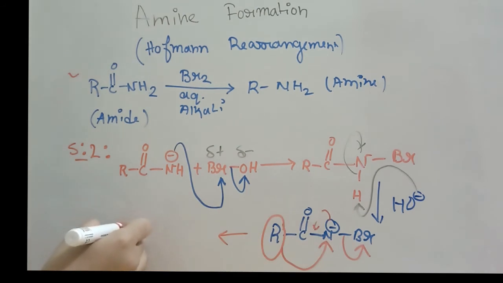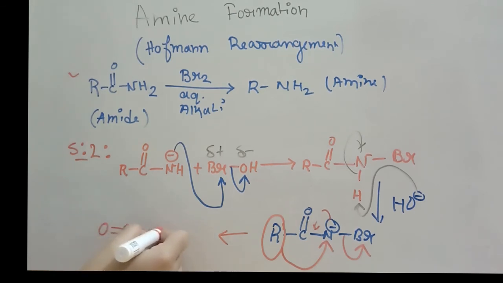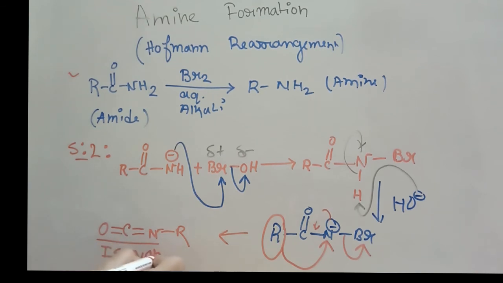So that forms R-N double bonded C double bonded O. This intermediate is called the isocyanate intermediate. Now after this isocyanate intermediate, if we hydrolyze it in the presence of base, then we will get amine. Let's see it.